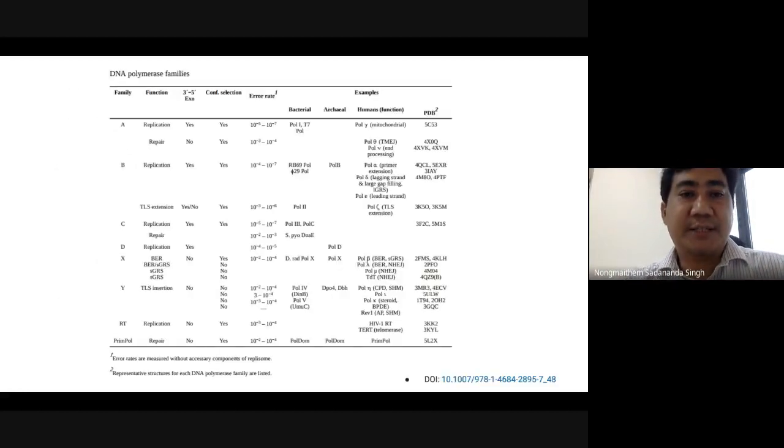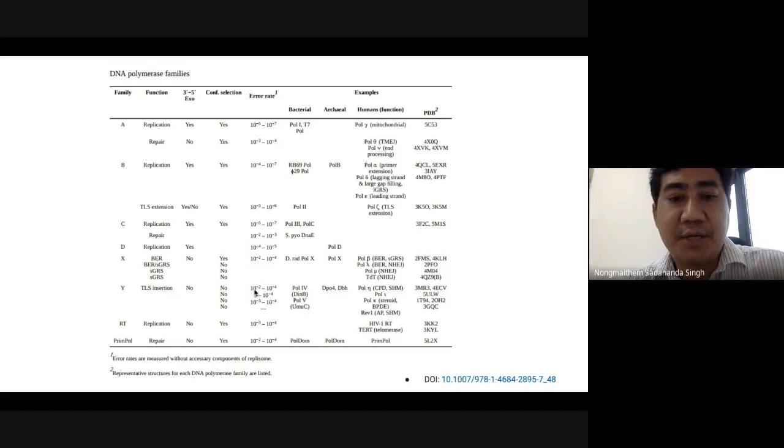So if you look at it, these DNA polymerases, what we talked about just now, the DinB and Pol 5, belong to the family of Y polymerases, which are called translesion synthesis polymerases, and they insert nucleotides against the damaged nucleotide and carry on the DNA replication.